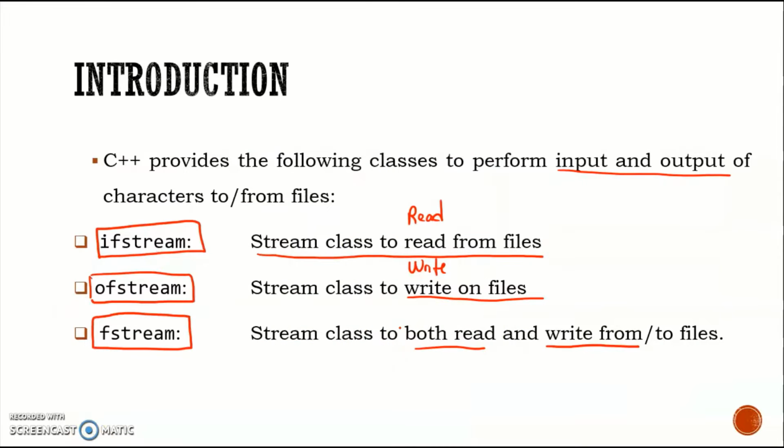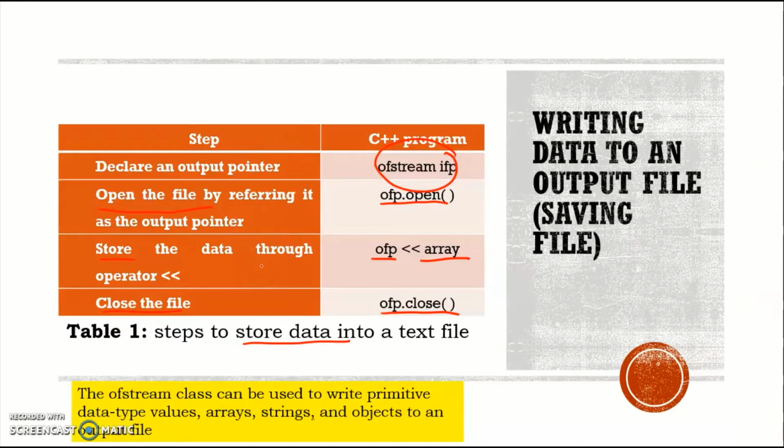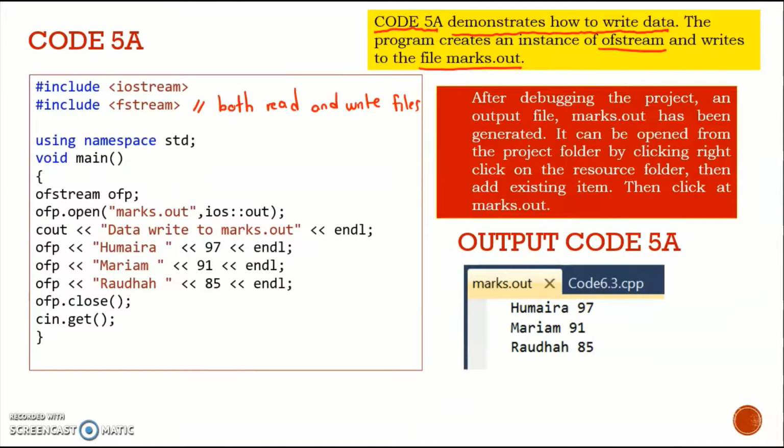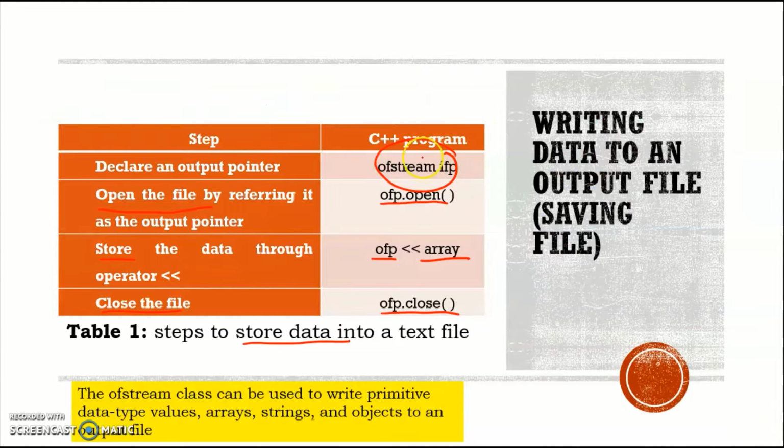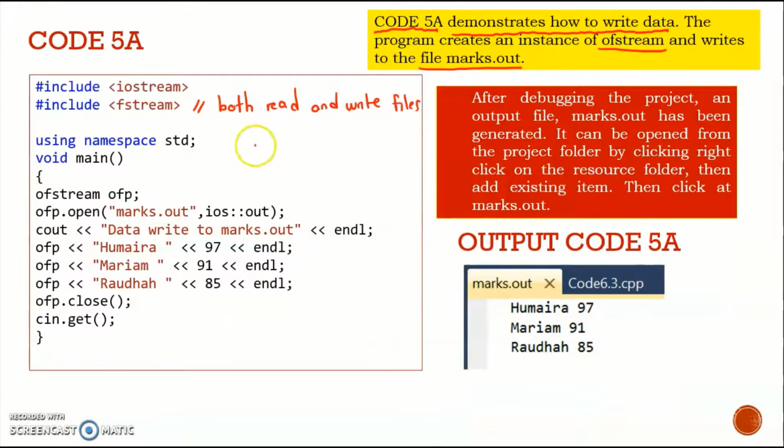Let me see, do I have it here? Okay, yeah, see, ofstream, this is the one we're using. See, the ofp here means open. This will open the file, ofp.open, mark.out. This is the command you use, and then we can write something like data written to mark.out.